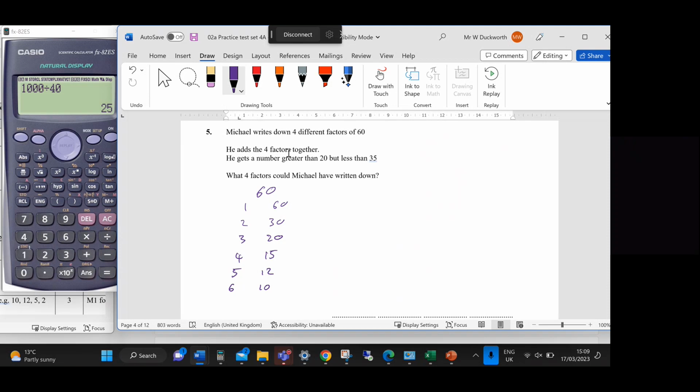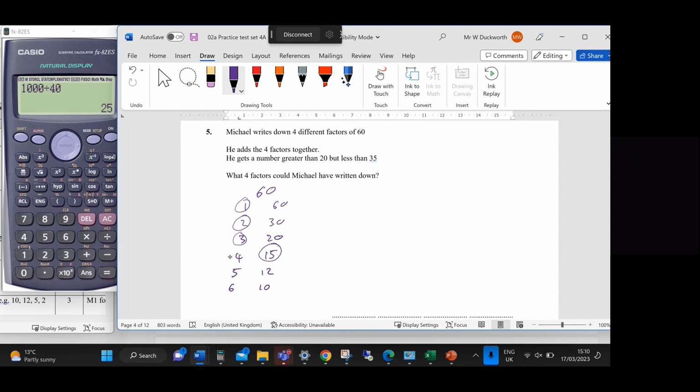He adds, okay, so I just need to pick 4 factors that are going to have a total of more than 20, but less than 35. So in effect, you can pick whichever 4 you want, really. If I pick those 3, they currently add up to 6, so I need a bigger number.